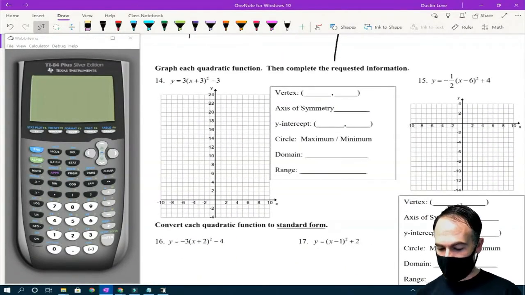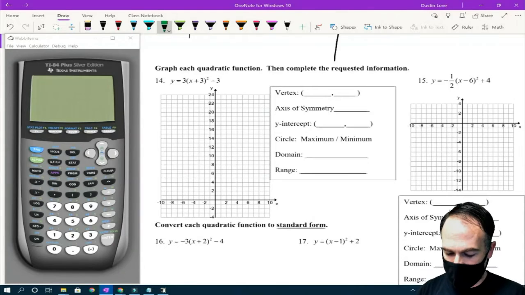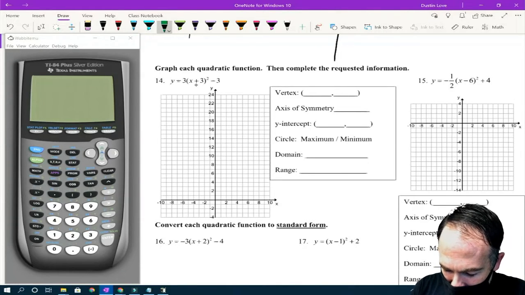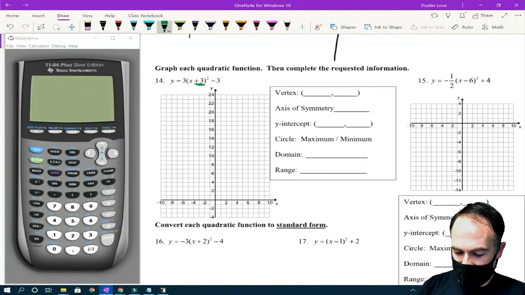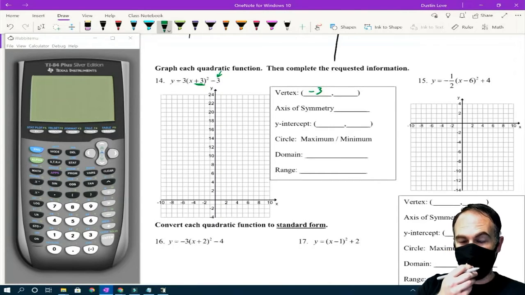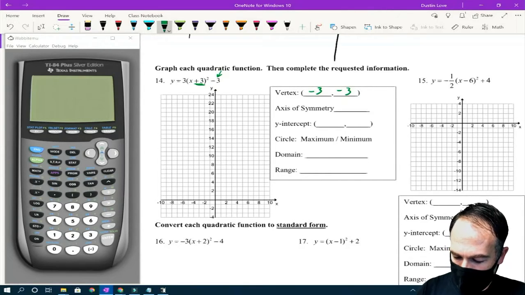So, vertex form. Now remember, the reason this is called vertex form is because you can read the vertex directly off of the equation. Remember though that inside lies, so that x value, we're going to have to change the sign, so that positive 3 becomes a negative 3 on the vertex. However, the y value stays the same sign. So we got negative 3, negative 3.